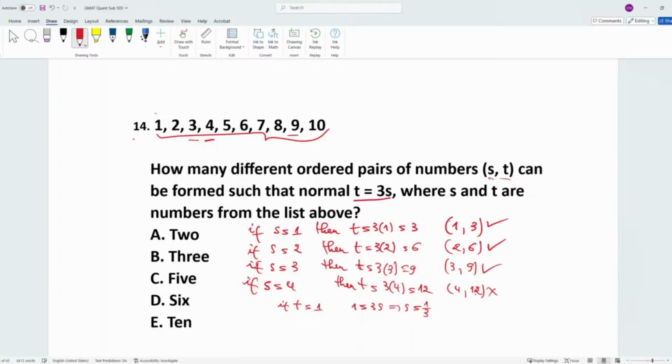But we don't have 1 over 3 in the list. So we only have 3 ordered pairs here. Our answer should be answer B. We can only form 3. All right.